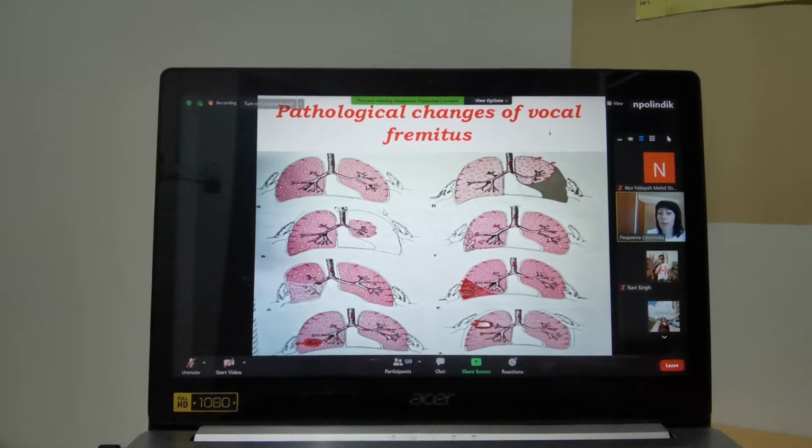This picture is a healthy lung. For example, when we have weakening of the vocal fremitus, look, here is fluid in the pleural cavity. So the lung was compressed, the lower part of the lung was moved upward because we have lung collapse, compression.